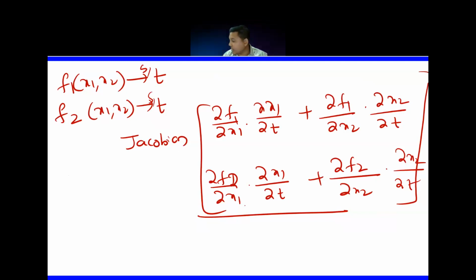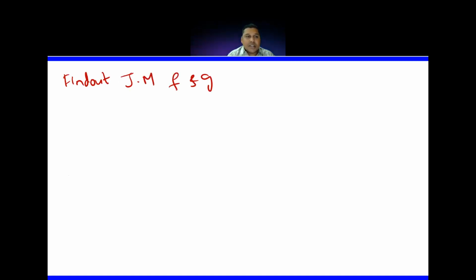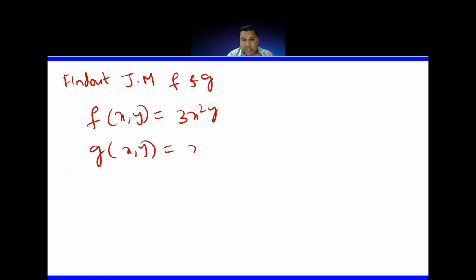Okay, now you try to solve and tell me what the Jacobian matrix is. Let's see an example. Find the Jacobian matrix for functions f and g, where f is a function of x comma y, that is 3x²y, and g is a function of x comma y, which is given as 2x plus y⁸. Find the Jacobian matrix.